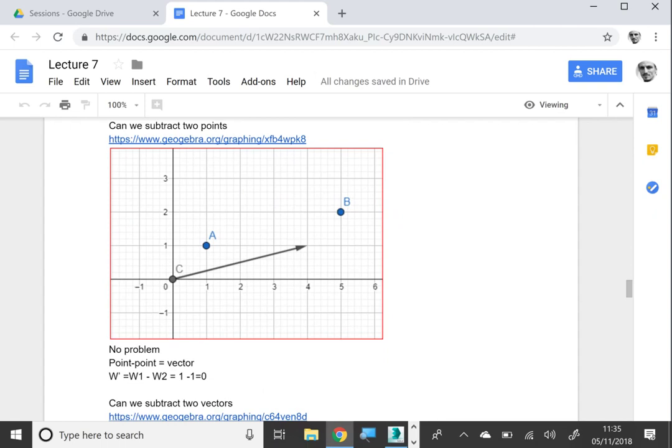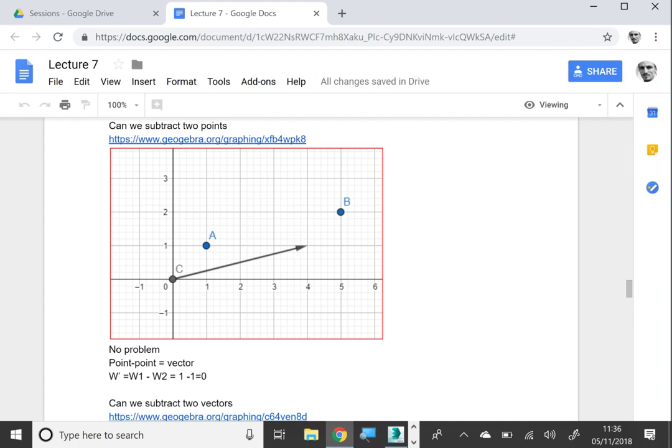Can we subtract 2 points? Yes, we can. I've got a point A and a point B, and when we subtract 2 points, we end up with a vector. If I subtract A from B, you can see that what I get is the difference between A and B, the axial difference.